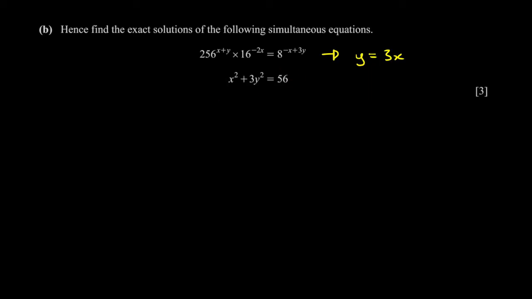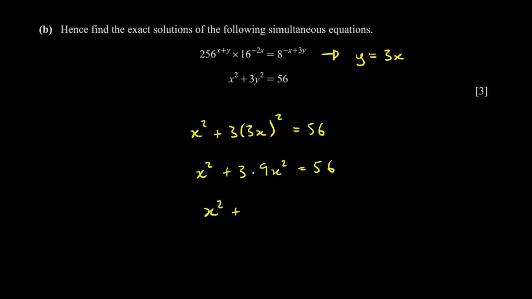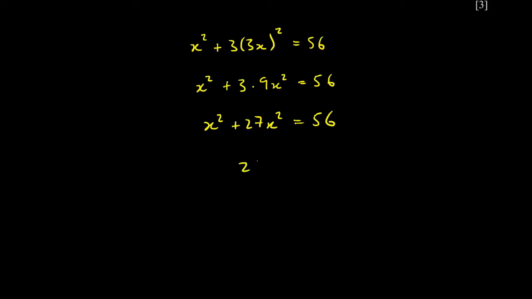I get x squared plus 3 times by 3x all squared is equal to 56, which gives me x squared plus 3 times by 9x squared, because 3x times by 3x is 9x squared. Then 3 times by 9x squared is 27x squared. So I get x squared plus 27x squared is equal to 56. So therefore 28x squared is equal to 56.